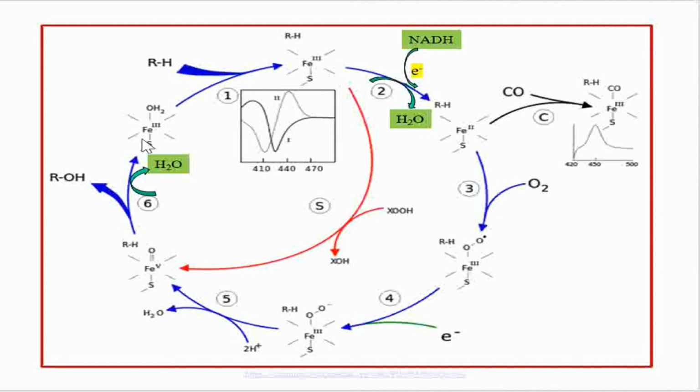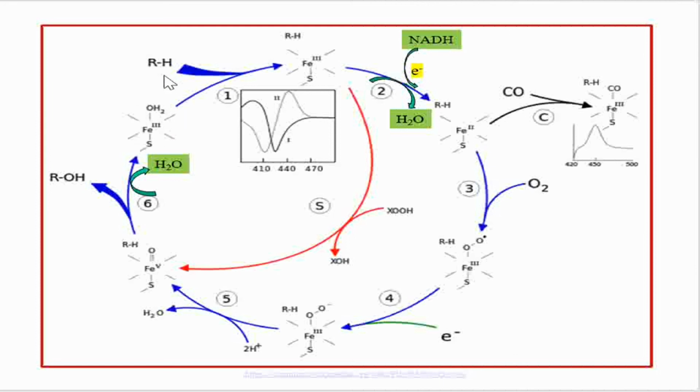This mechanism actually starts from here. This is the resting enzyme, where you will find the iron is present in the 3+ state, and it activates the addition of O2. So it is the resting state of this enzyme.